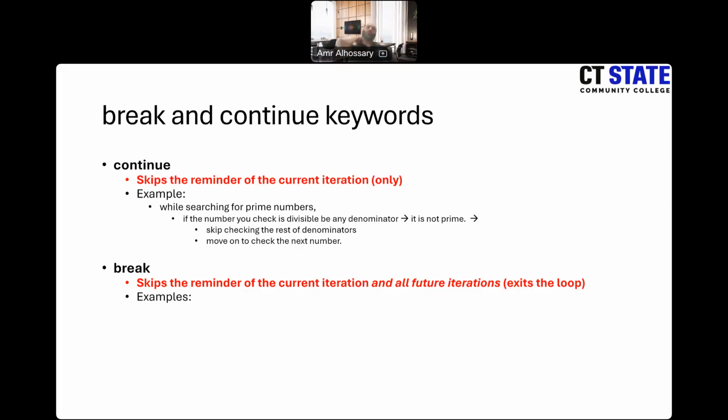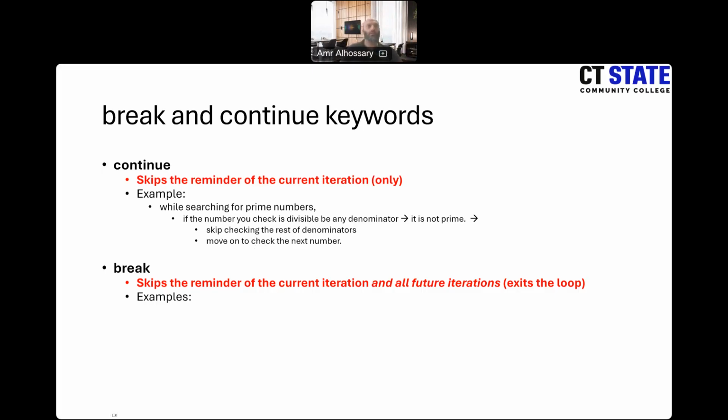I don't need to. So I simply skip the rest of this iteration and try now the next number, 56, 57, 58, etc. So I simply skip checking the rest of the denominators and move on to the next number.